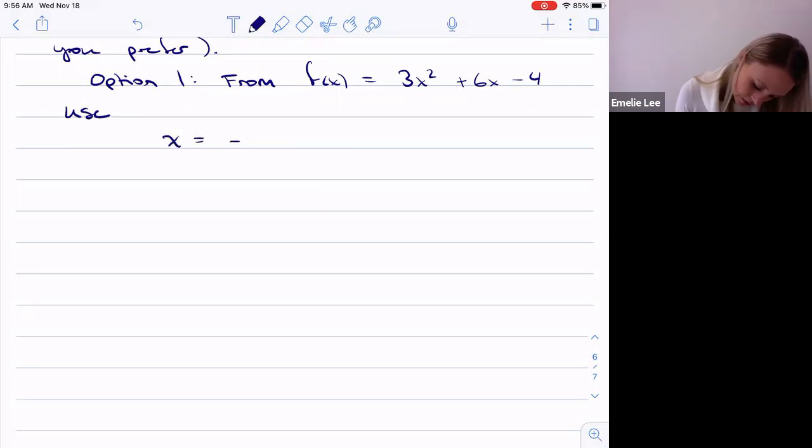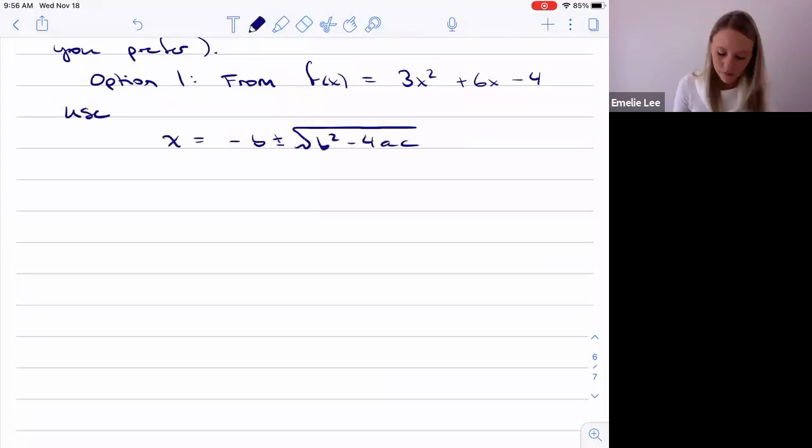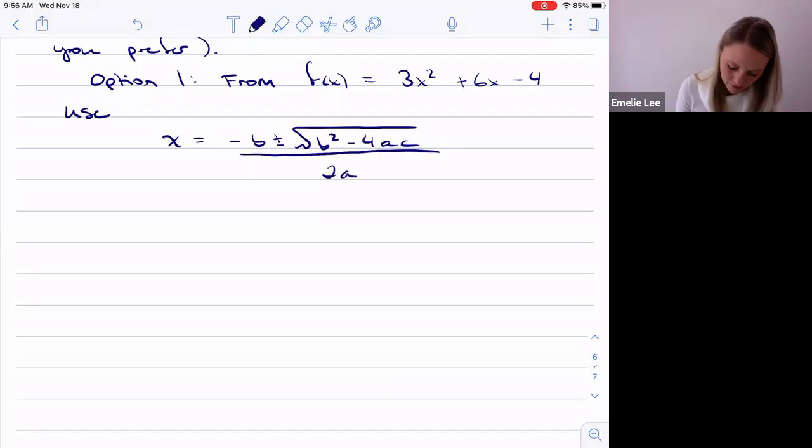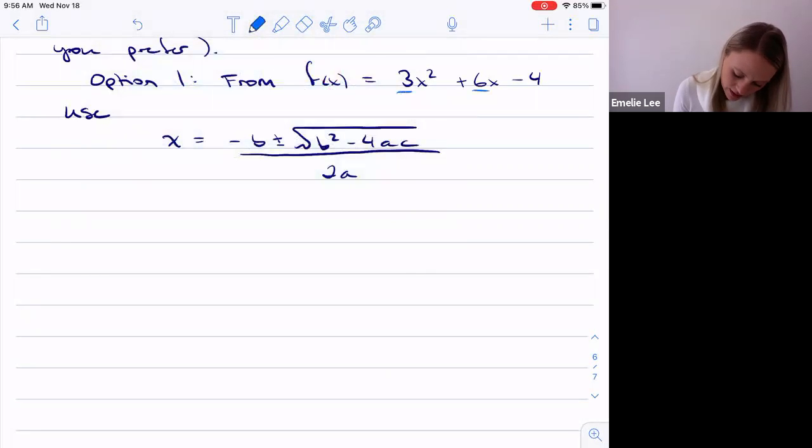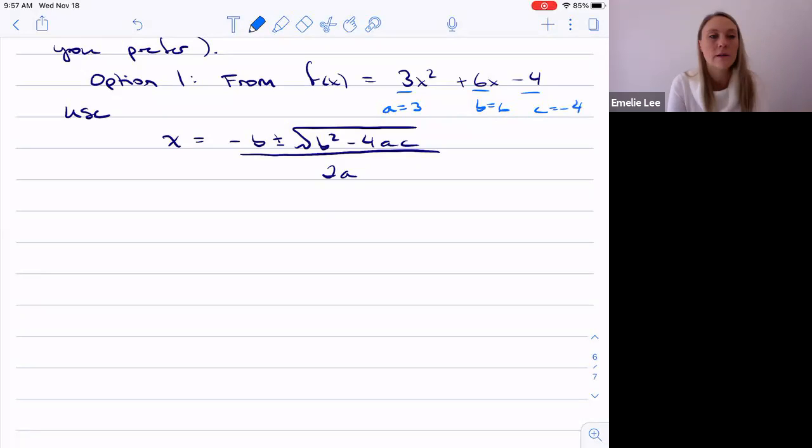Use x equals negative b plus minus the square root of b squared minus 4ac, over 2a. Right here, a, b, c. A is 3, b is 6, and c is negative 4. Oops, that should be a negative 4.